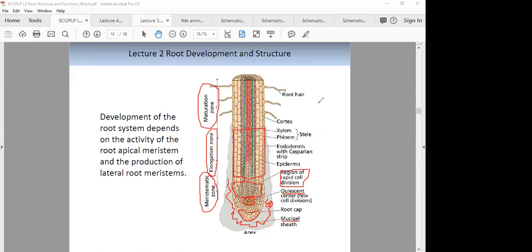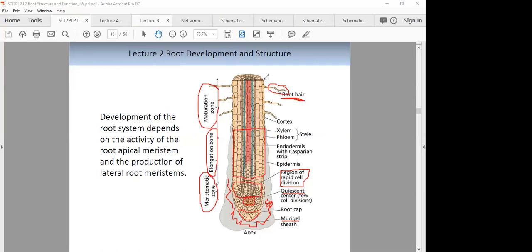All right, so root hairs. What cell types do the root hairs arise from? What cell types do they arise from? Endodermis? Not quite. Good guess, but not quite. Yes, that's it.